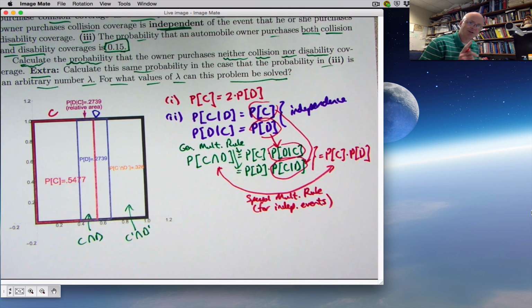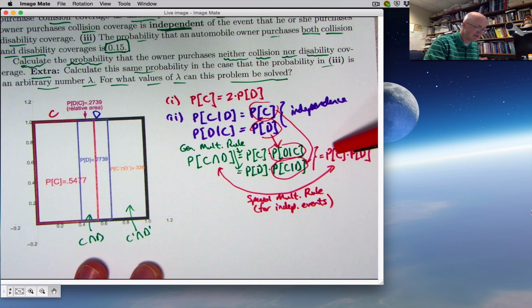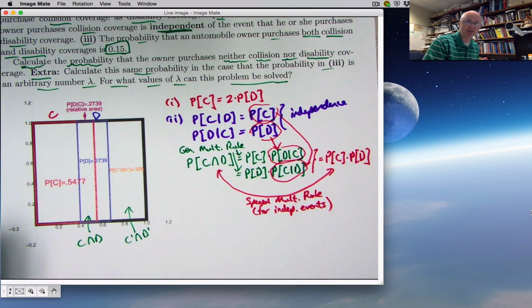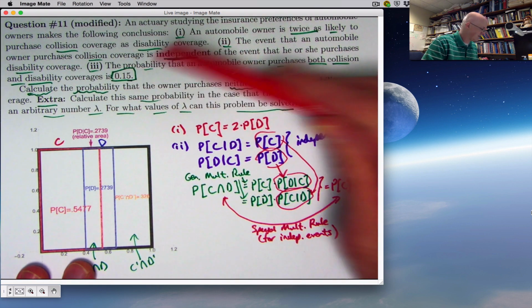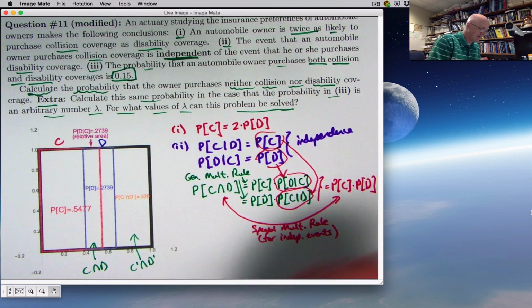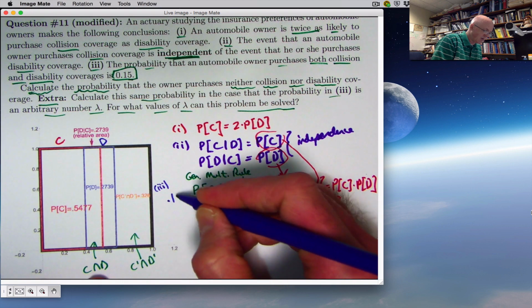Okay? And now you start to get an inkling that this might be useful, because you can now use the fact from part 1 to replace P of C with 2 times P of D and make this equal to 2 times P of D quantity squared for this problem. And piece of information 3 says this equals 0.15, right?